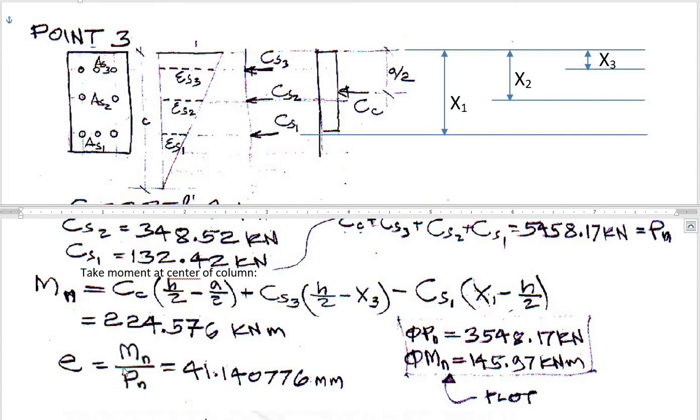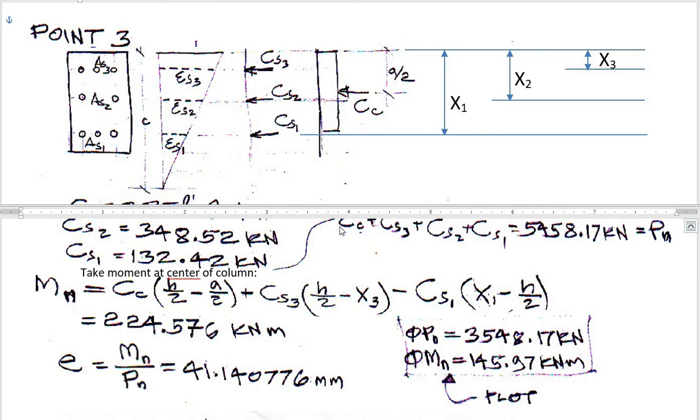Remember that moment is equal to eccentricity times your axial force. So that would be 41.14 millimeter. You multiply nominal moment and nominal axial load by capacity reduction factor phi, which is 0.65, will give you these values. Ito nga yung i-plot natin sa interaction curve.